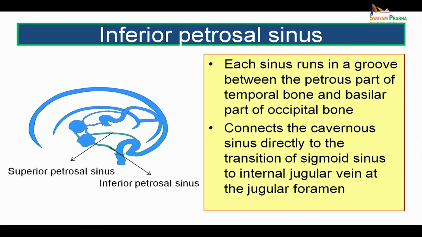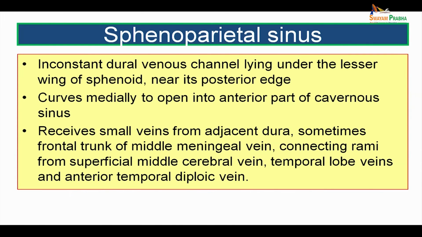It connects the cavernous sinus directly to the point where the sigmoid sinus continues as the internal jugular vein at the jugular foramen. We now move on to see the sphenoparietal sinus.